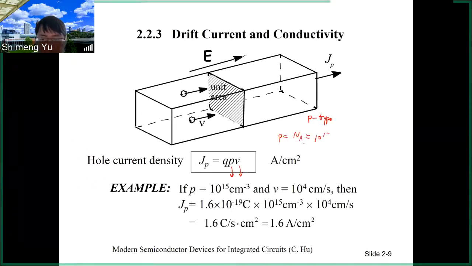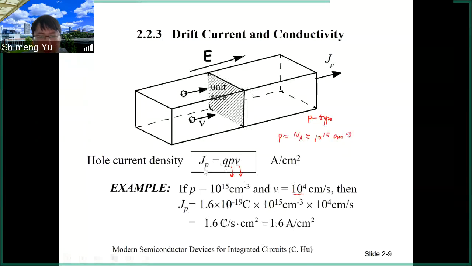So you just plug in the numbers, you will get the current density, Jp, is 1.6 ampere per centimeter squared. So this is the current density. That means the current passes through this cross-sectional area. If the cross-sectional area is 1 centimeter squared, then the current will be 1.6 ampere.